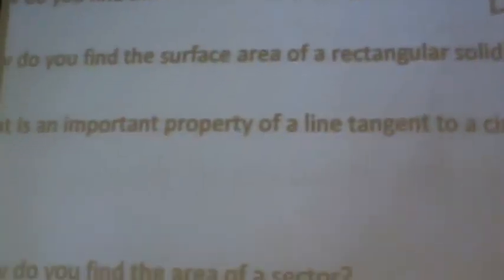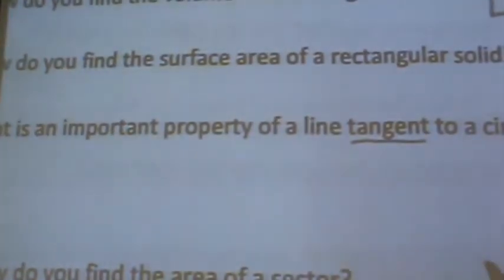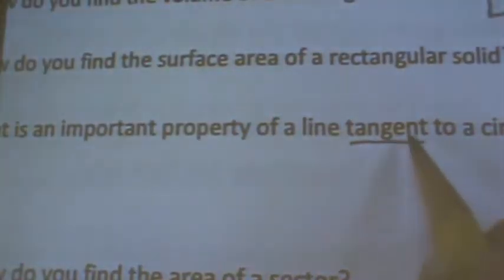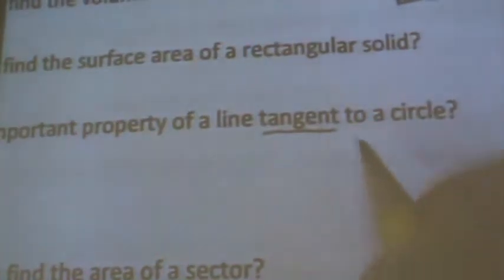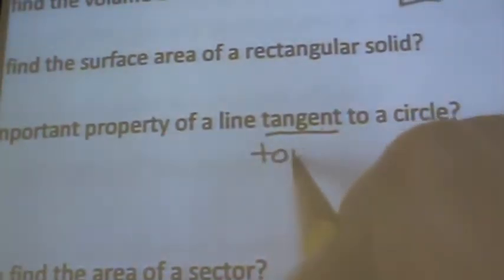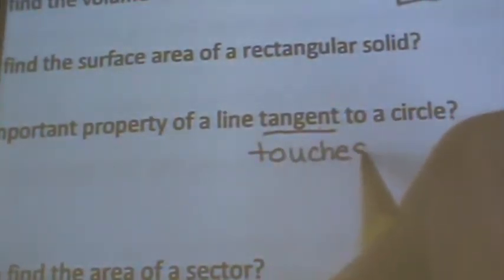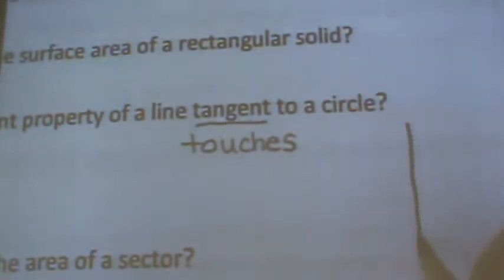What does the word tangent mean besides in trigonometry, opposite over adjacent? Tangent means touches. It's a single point where it touches. Now, when you use this one, it'll say, a circle is tangent to the y-axis, and the center is, let's say, 3, 5.